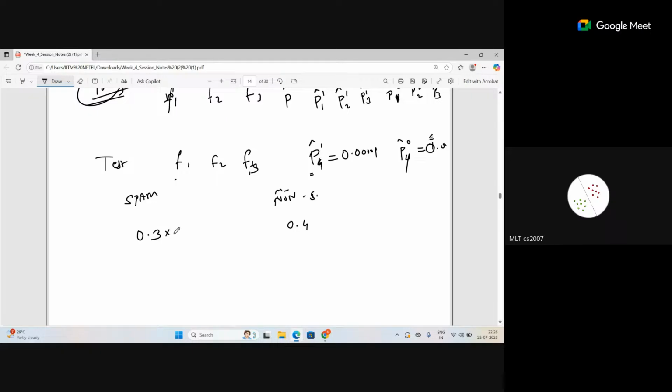Now if I multiply with this P4 hat, suppose this is 0.0001, the same value will be used on both sides. If that word is not there, in both the spam side and non-spam side, the probability associated with that you will have to make the same. Are you understanding my point? What are you achieving from this?